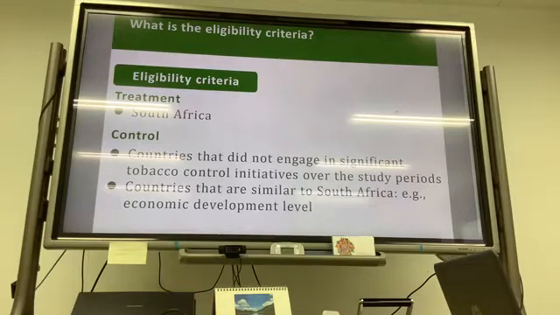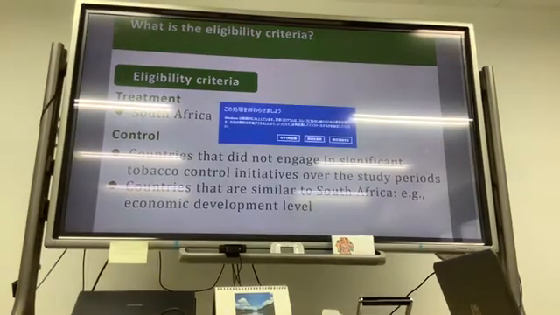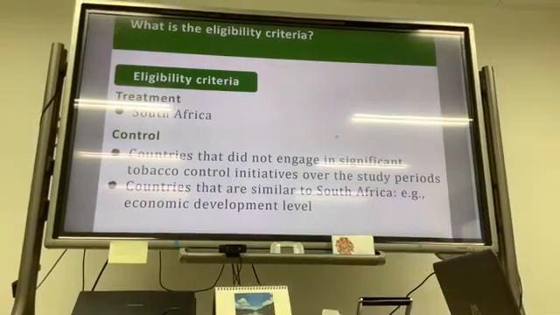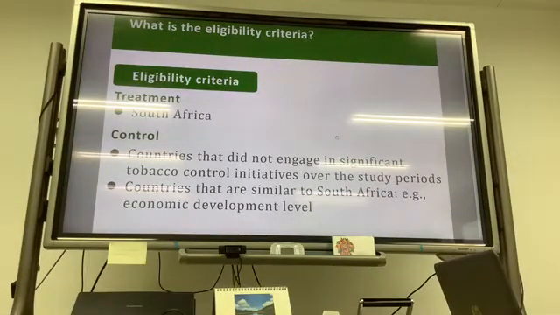South Africa was selected as the treatment group. And as for control groups, they selected countries that did not engage in significant tobacco control initiatives over the study periods, and countries that are similar to South Africa, for example, in economic development level.